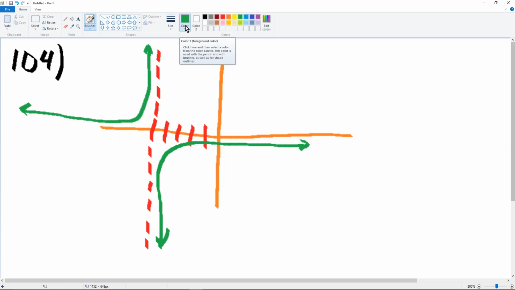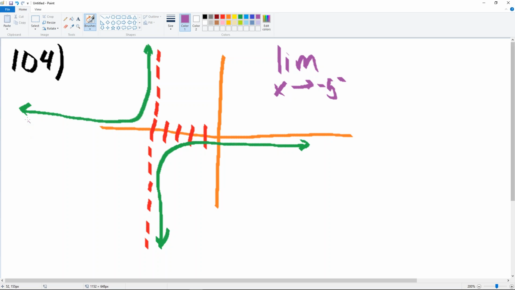That should be a -5 actually. So change that to where it says the limit. Here, I'll write it down. The limit as x approaches -5 from the left-hand side.